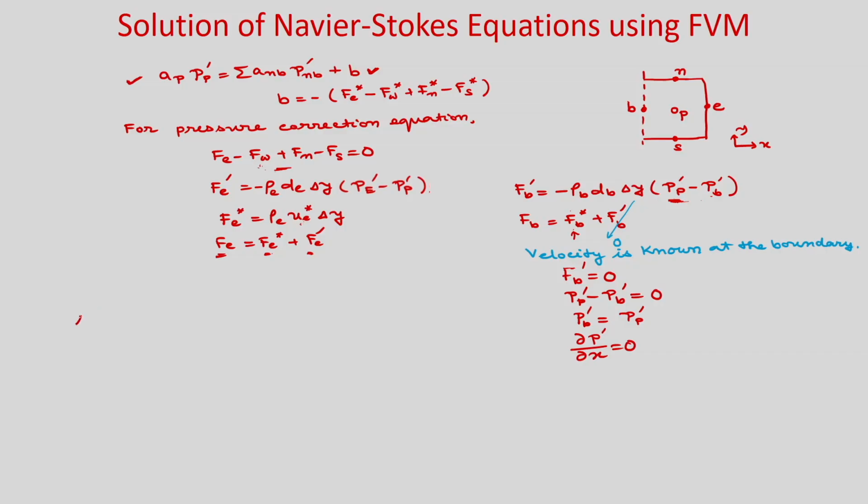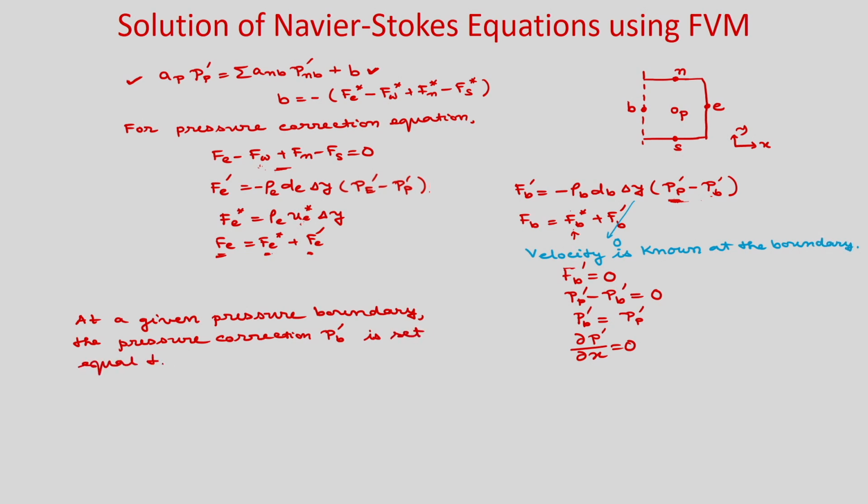So, at a given pressure boundary, the pressure correction P b prime is set equal to 0. That means P b prime will be 0.